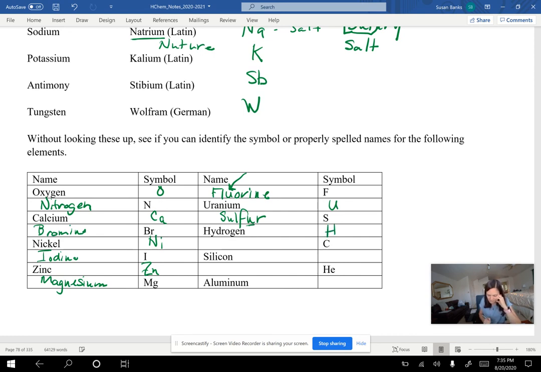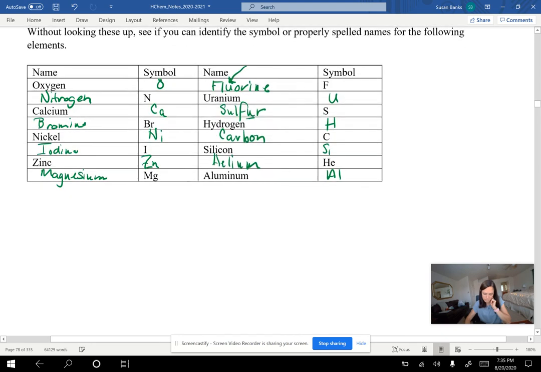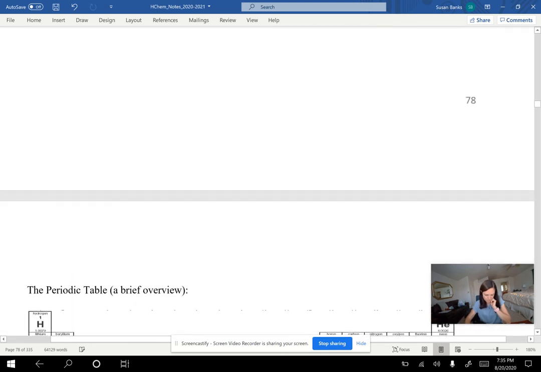Hydrogen, the symbol is H. Carbon, C. Silicon, Si. He is helium. And aluminum is Al. In Britain, they call it aluminium. So if you watch some of the British movies or YouTubes, that's what they will show you.